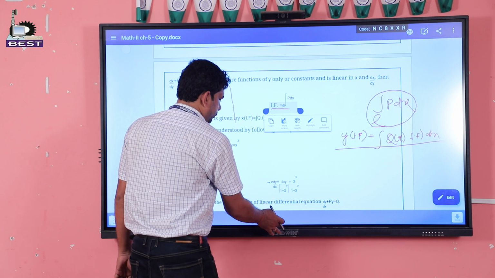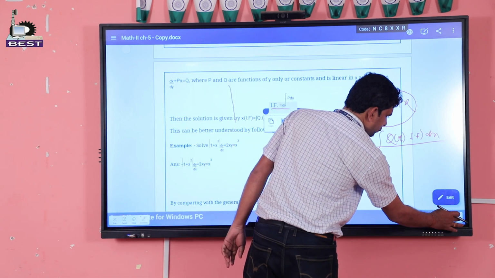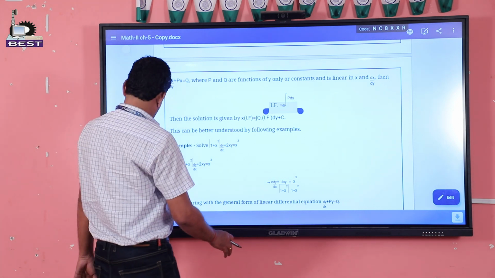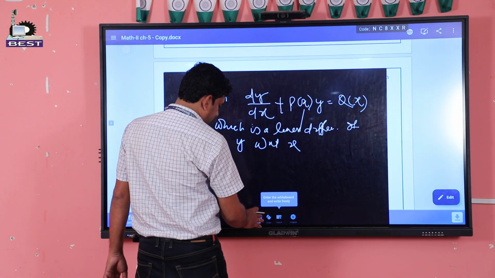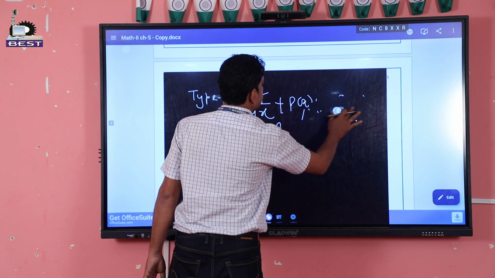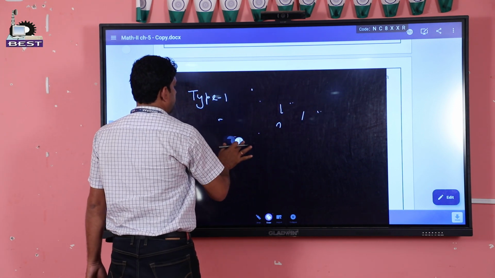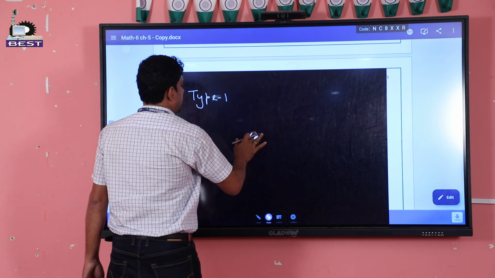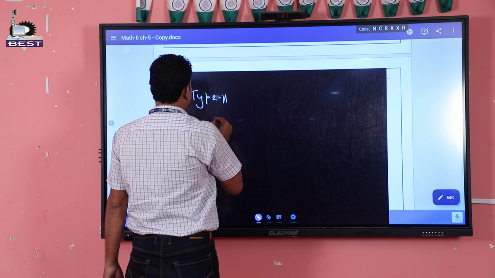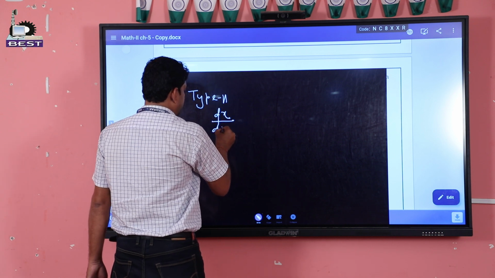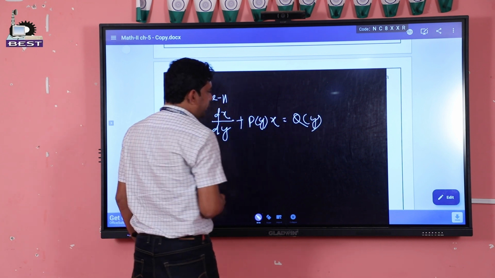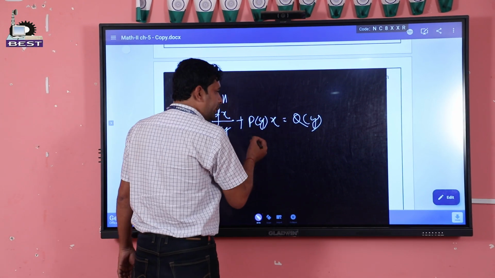The second type is Type 2: an equation of the form dx by dy plus p of y into x equal to q of y, which is a linear differential equation of x with respect to y.